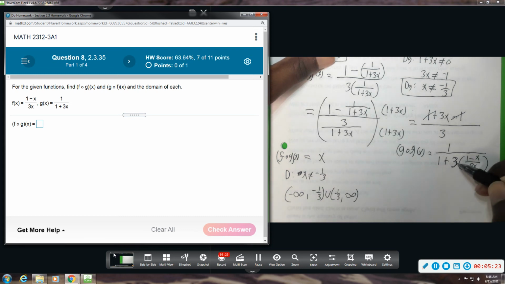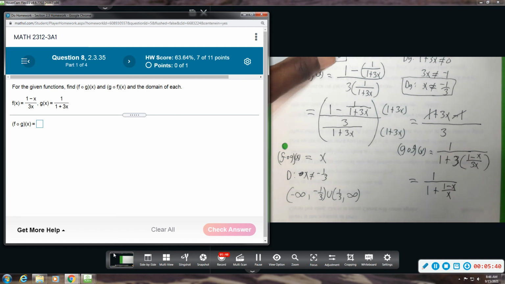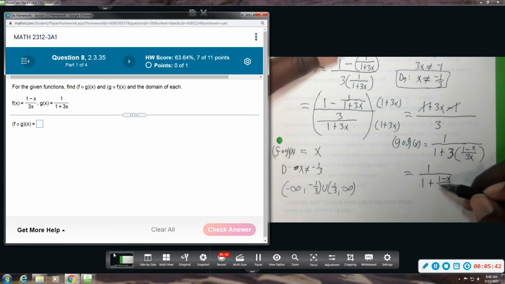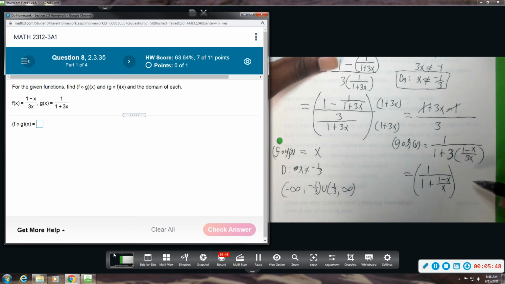So I'm going to simplify this bottom, multiply by 3, which is going to cancel out the division by 3 on the bottom. And so this will become 1 over 1 plus 1 minus x over x. So common denominator. There's a denominator in the bottom, which is x, not 1 in the top. So my common denominator is going to be 1 times x, which is just x.